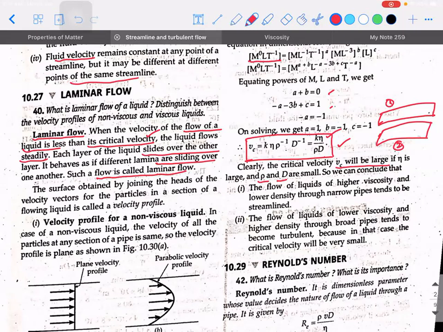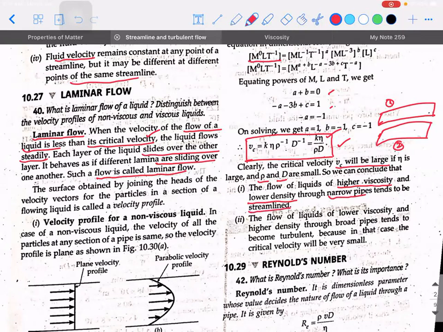So from this, we can conclude that the flow of liquids of higher viscosity and lower density through narrow pipes tends to be streamlined. Repeating it again, the flow of liquids of higher viscosity and lower density through narrow pipes, narrow pipes in the sense the pipes which have smaller diameter, tends to be streamlined.